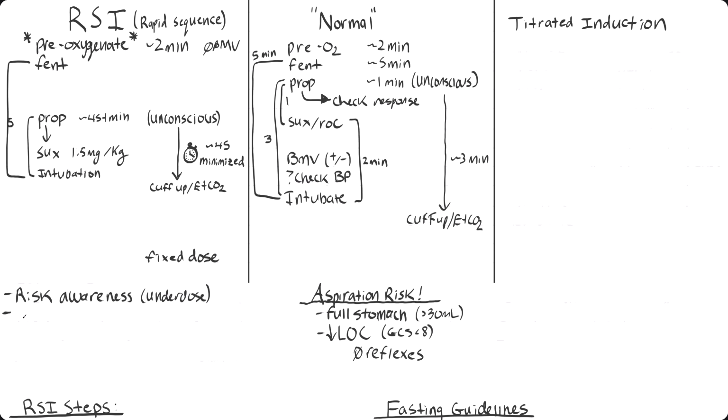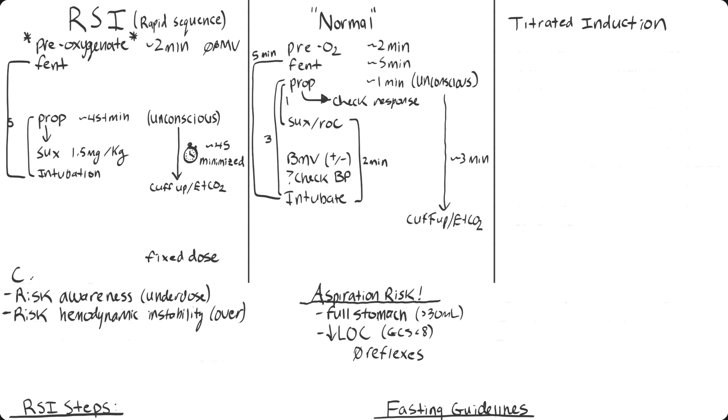And then on the opposite end of that, if you give too much propofol because you want to prevent awareness, propofol has dose-dependent reduction in blood pressure, so we would risk hemodynamic instability in the case of overdosing someone. And there can be a very fine line between these.